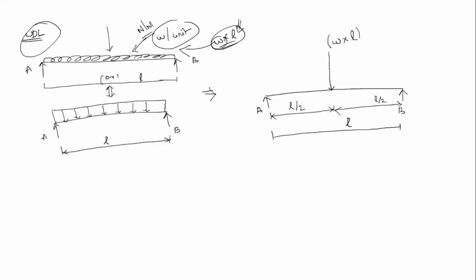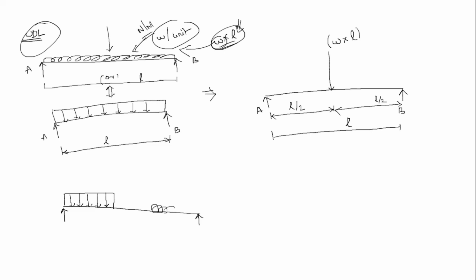Suppose, for example, now I am going to give a small example. This is the beam, and here simply supports are there, right? So from this point to somewhere, the load is acting uniformly. This is called a uniformly distributed load, right?